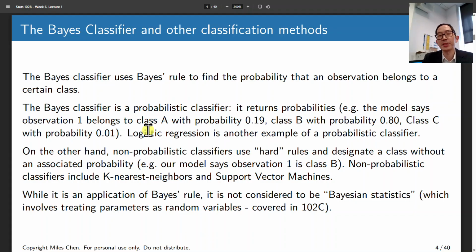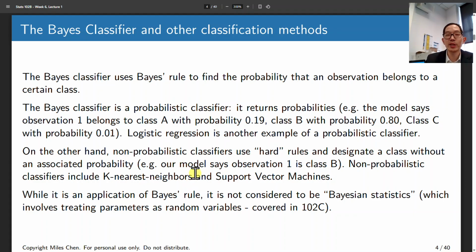Logistic regression is another example of a probabilistic classifier because it always returns a value between 0 and 1, and that can be interpreted as the probability that it belongs to a particular class. There are also other classifiers.